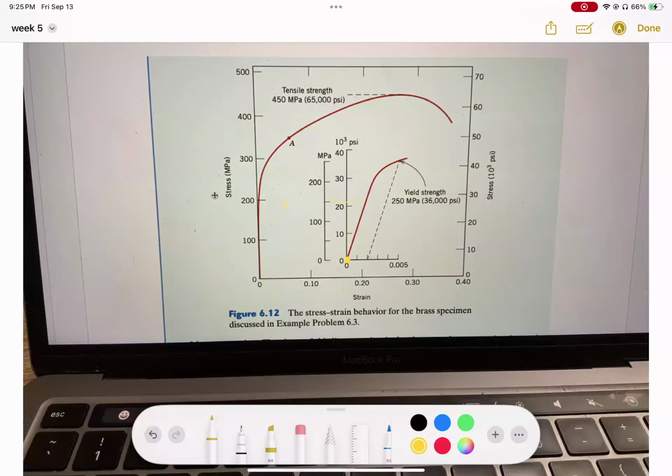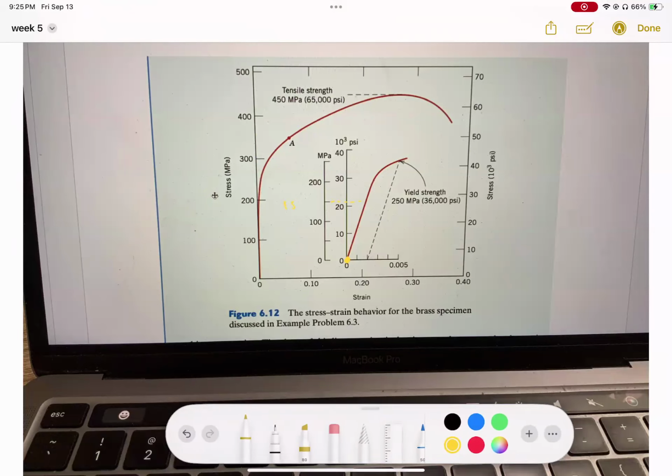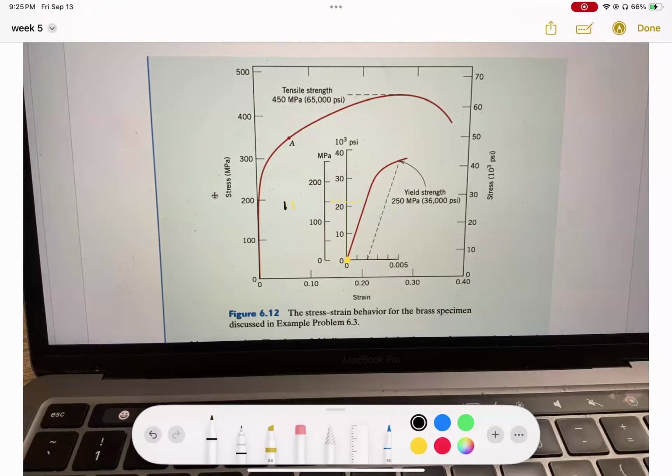So this would be 150. It's not very clear. Let me do this in black. So this would be 150 over here, and I can draw dashed lines to figure out where that is. So if I were to draw that downwards, okay, then it's roughly around there. So this will be another point that we can use. So we know that it's some elongation and 150 megapascals.